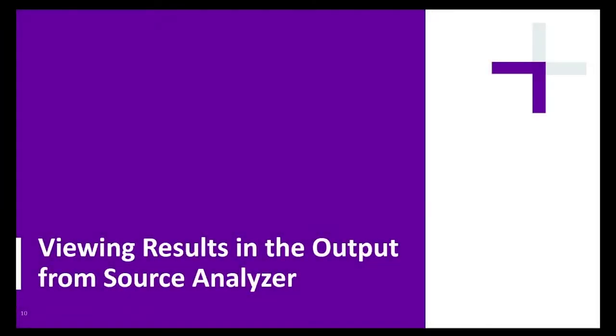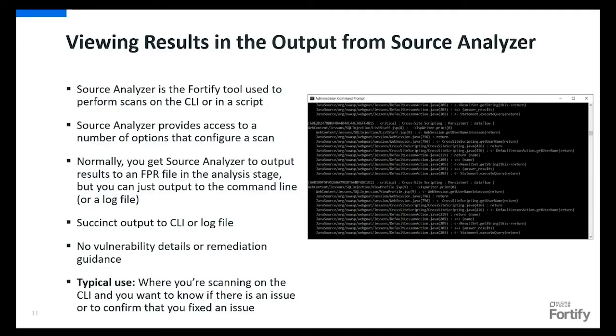Okay, so one of the ways you can view results is in the output from Source Analyzer. When you do that, what you're using is Source Analyzer in a command line or in a script. And Source Analyzer provides a number of options that you can use to configure a scan to do things different ways.